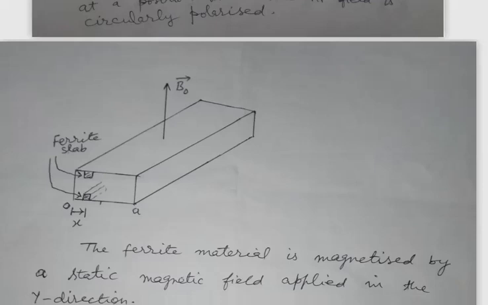So in the figure, a rectangular waveguide is shown with its wider dimension a and lower dimension b. Now one or two ferrite slabs, the ferrite slabs are shown here, are placed in the xz plane.